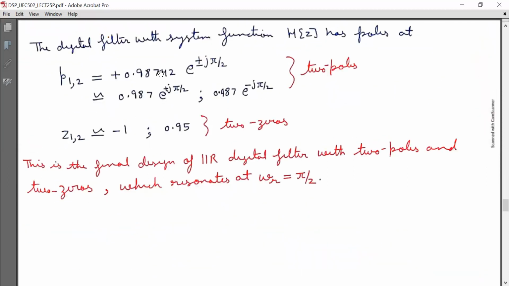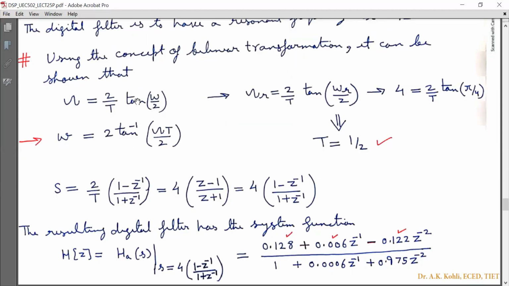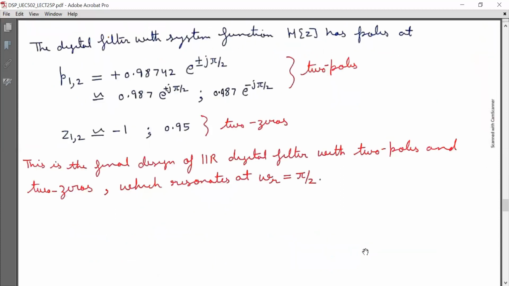Now this digital filter with system function H(z) has two zeros and two poles. The poles P1 and P2 are at 0.98742 e raised to the power plus minus j pi by 2, that is in complex conjugate formation.